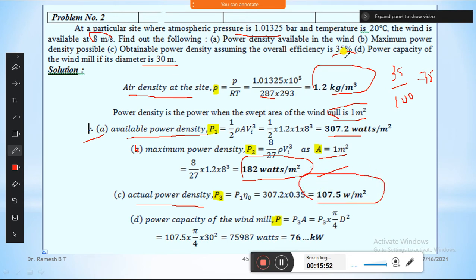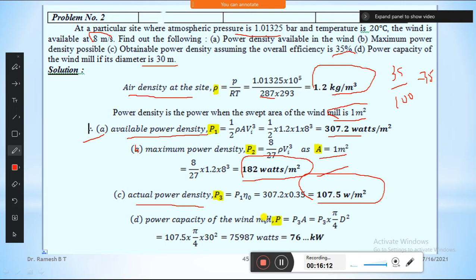So actually we should get 307, the maximum power, but because of the efficiency and the constraints, ultimately we get only 107.5 watt per meter square.